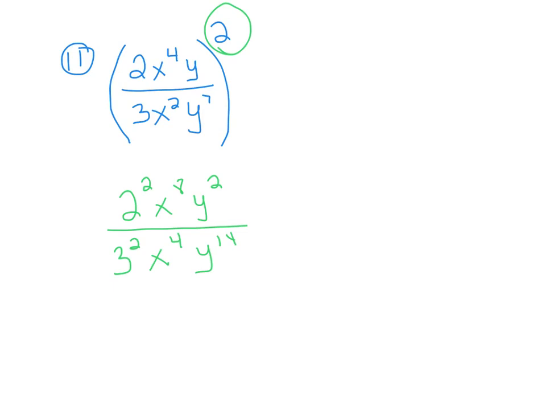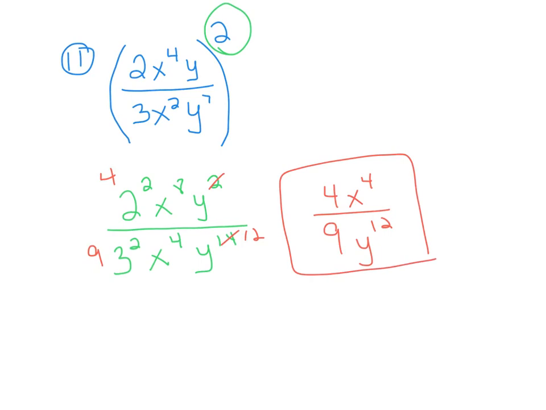So 2 to the second, change that to a 4. 3 to the second, change that to a 9. Can you simplify 4 over 9? No. So you leave the 4, leave the 9. Go to the x's. X to the fourth, go to the y's, take 2 away, take 2 away. Y to the 12th, final answer.